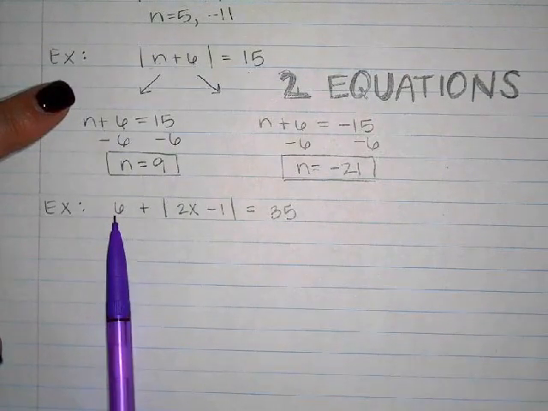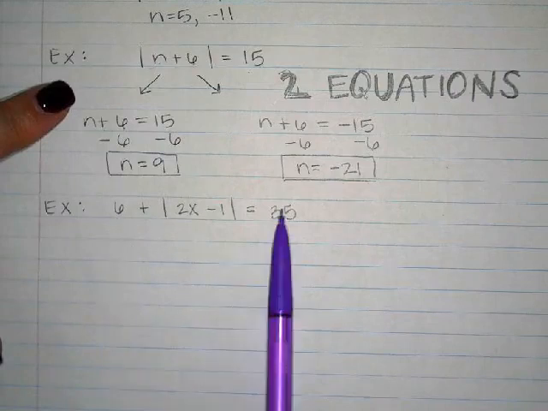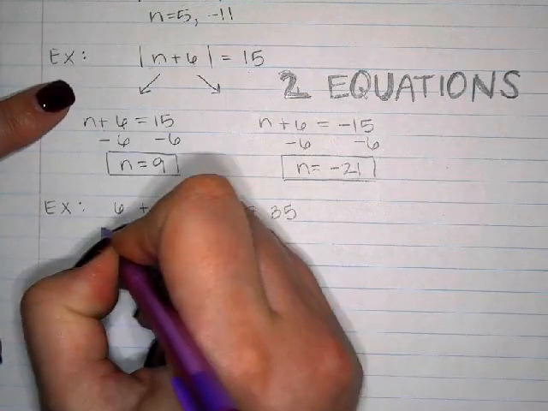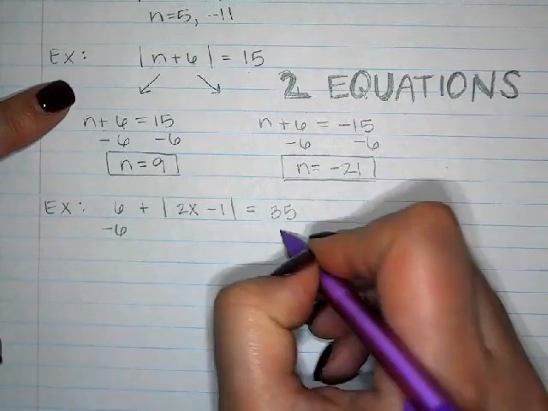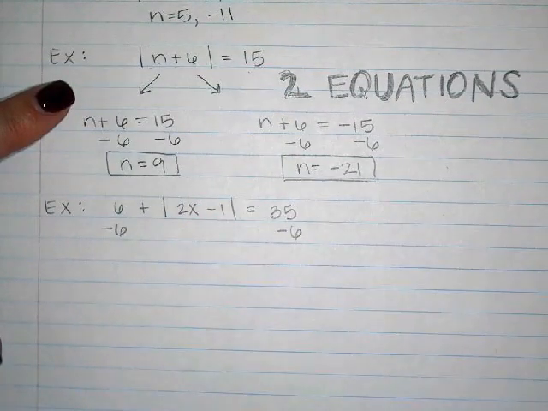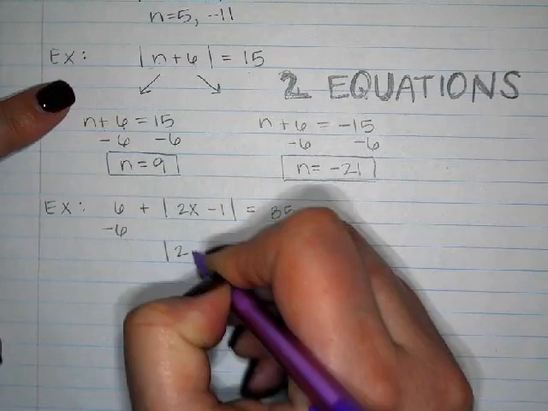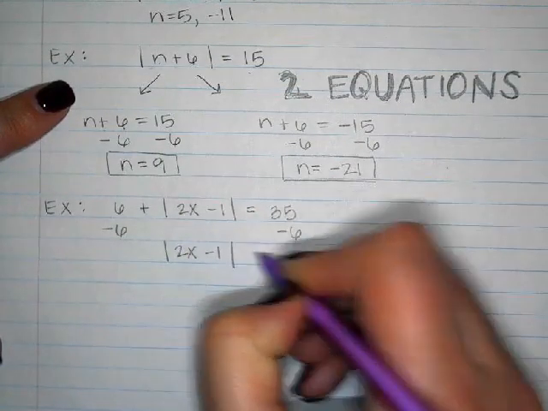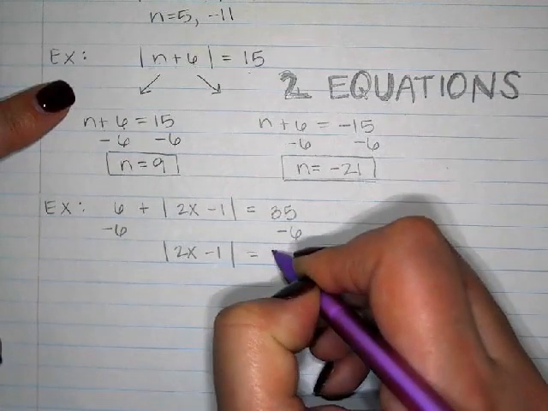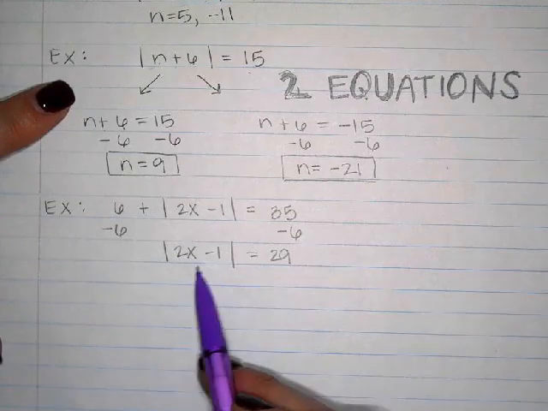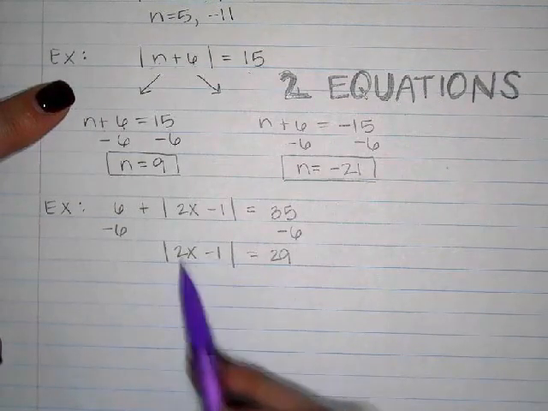So I'm going to go ahead and subtract the 6, subtract the 6. So now I'm going to say the absolute value of 2x minus 1 equals 29. And since this is an absolute value, it means distance. So the distance of whatever this number is away from 0 is a distance of 29.